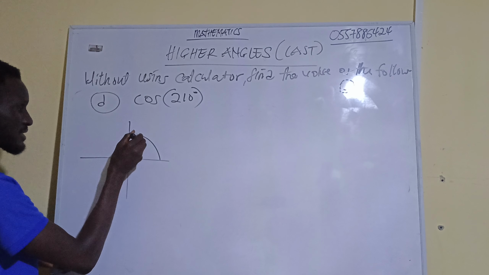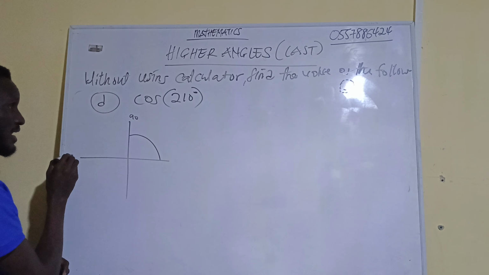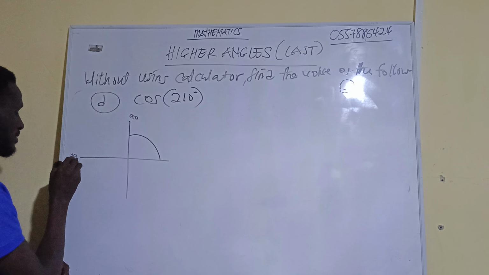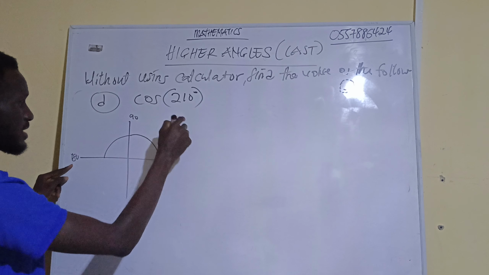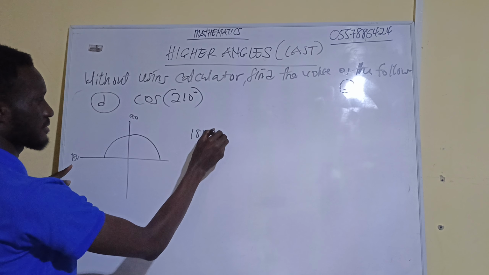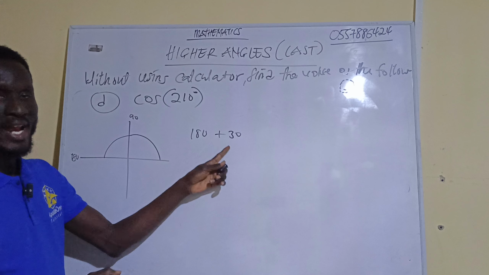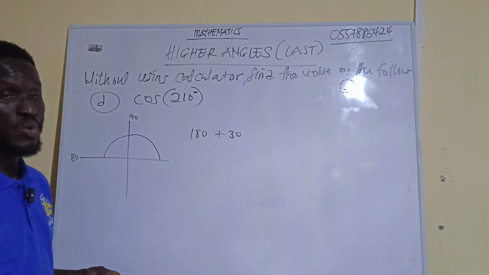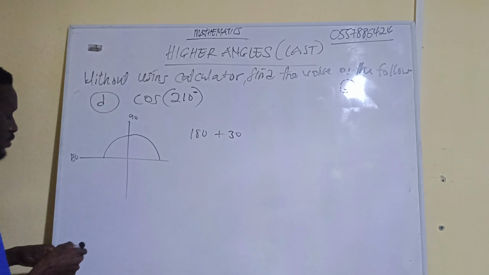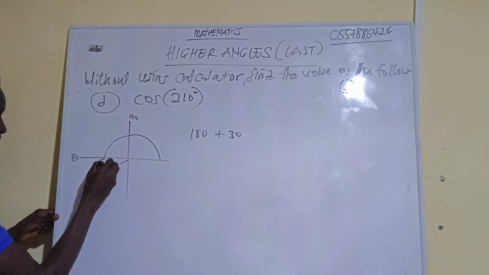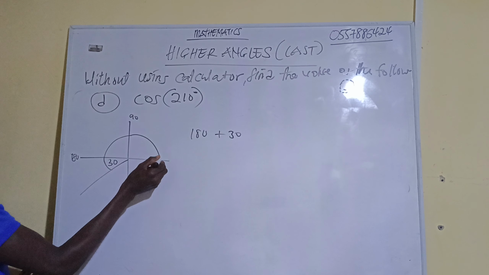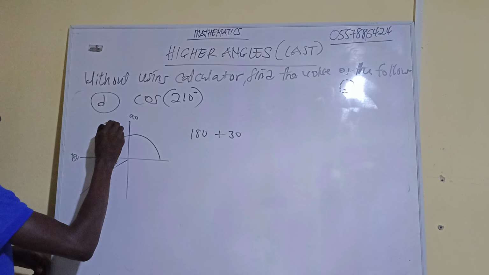So don't forget, this side is 90. This side is 180. Now, after 180, we need 30 to add up to 180 before we can get 210. So from here to here is 30, which means from here to here will give us 210 degrees.